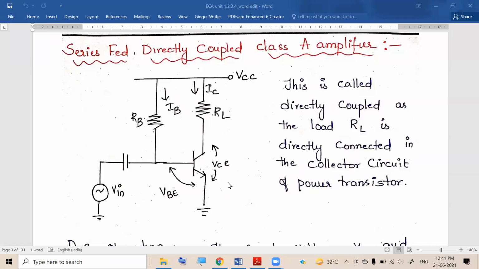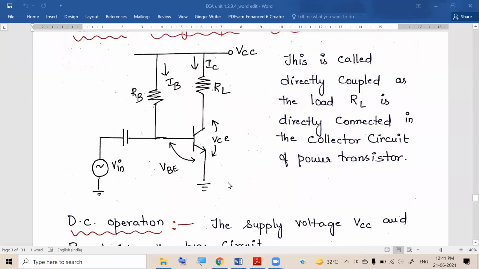We are giving a small sinusoidal input, and we are expecting a large sinusoidal output. Sinusoidal is AC. So the output that we are actually expecting is the AC signal.